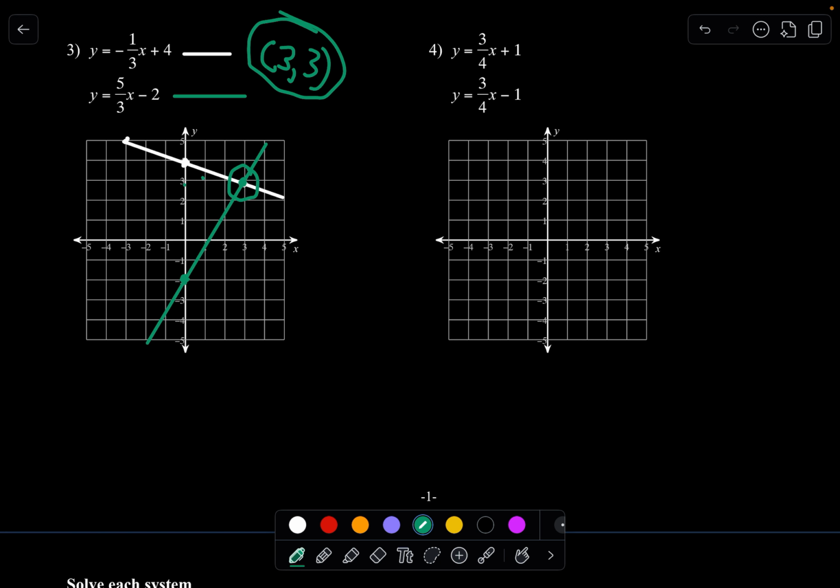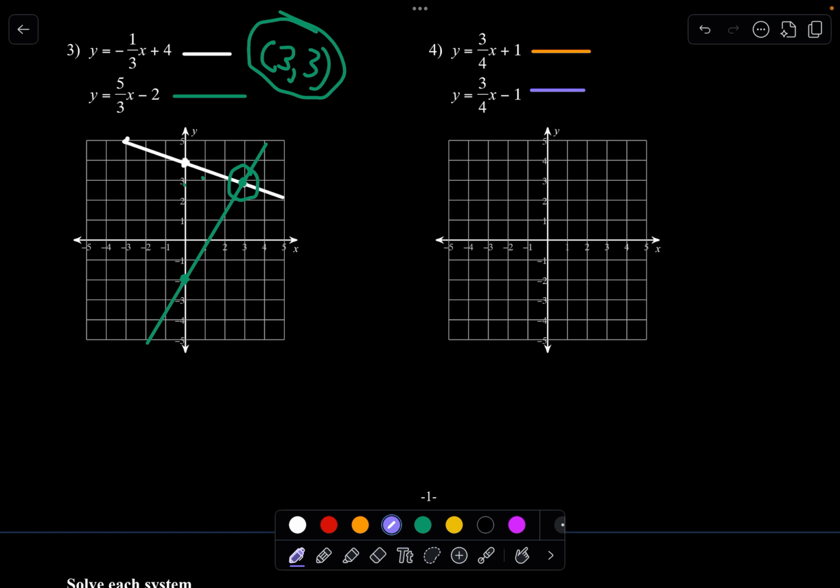y equals 3/4 x plus 1. We'll make that this orange line. And we'll make the other line, well, they look the same to my colorblind eyes, so we'll make it blue, or lilac, or whatever.